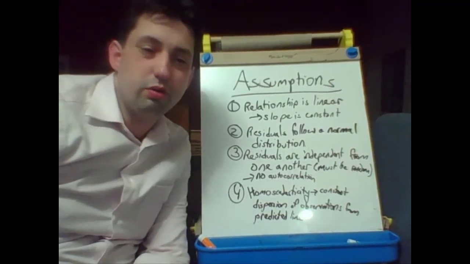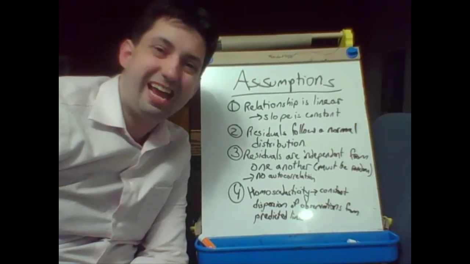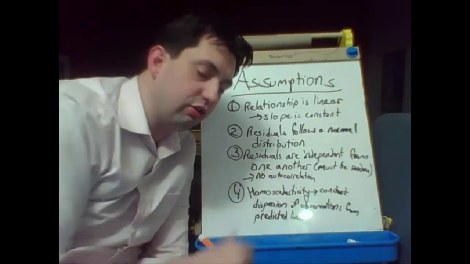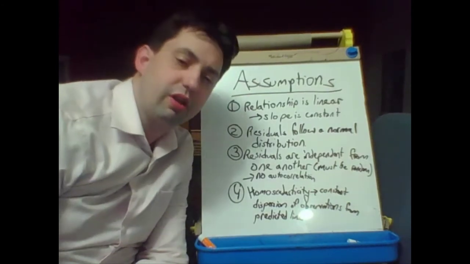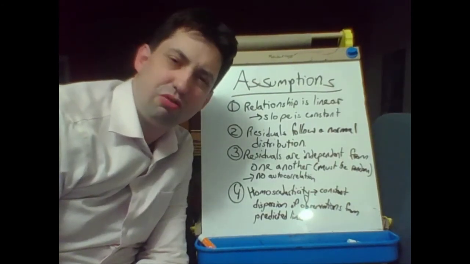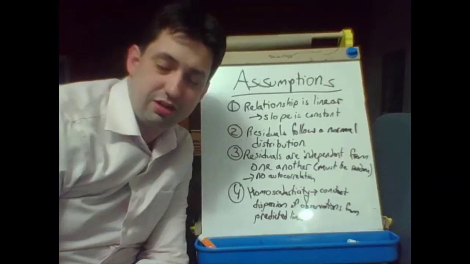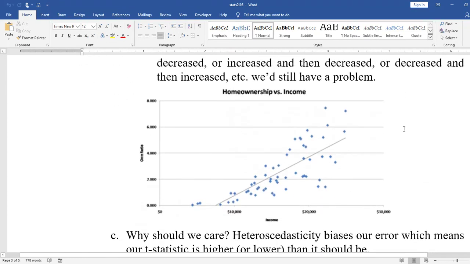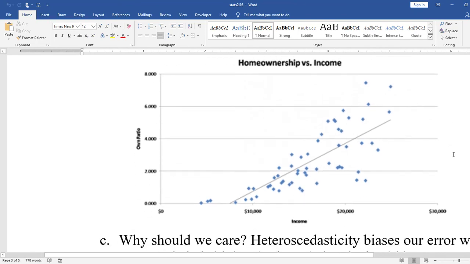One way to illustrate homoscedasticity is to turn to heteroscedasticity, when the dispersion is not constant. For example, here is a plot of homeownership versus income. It's a little hard to read, but you get the idea.